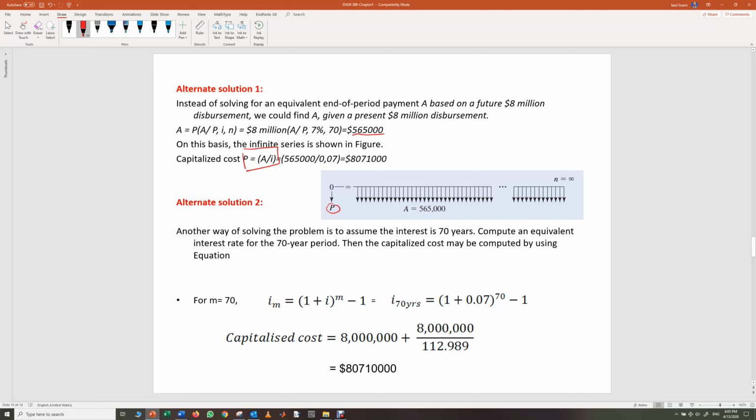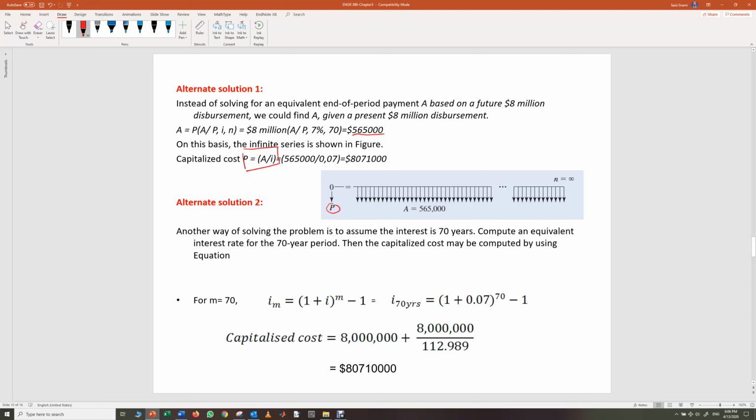So this is when I put this amount at the beginning of the cash flow, I get interest 565,000. I take a withdrawal of 565,000 every year, and at the end I get 8 million, which is the cost of the next pipeline.